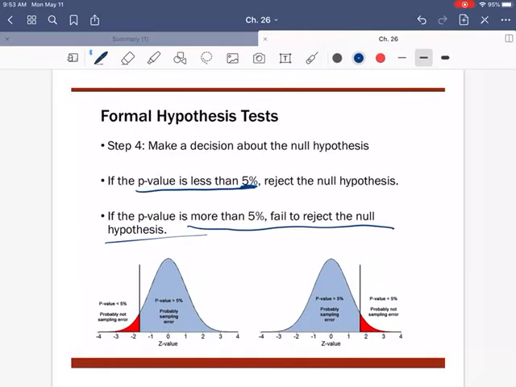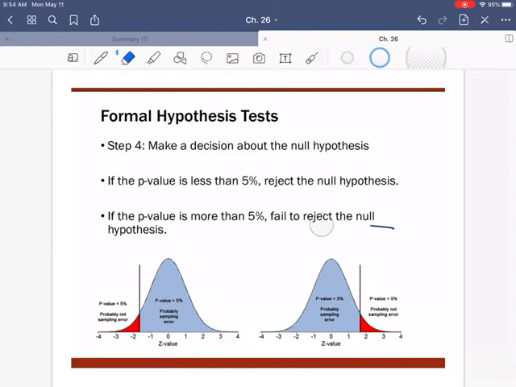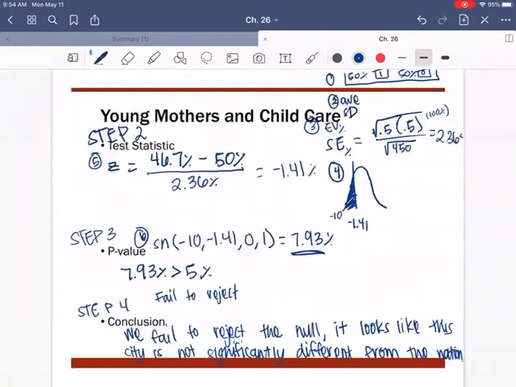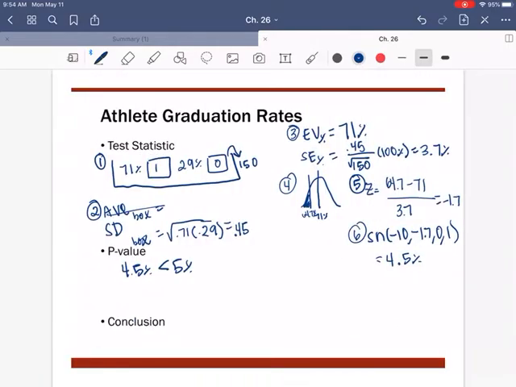That is less than 5%. So let's go back and look. If P is less than 5%, we reject the null.